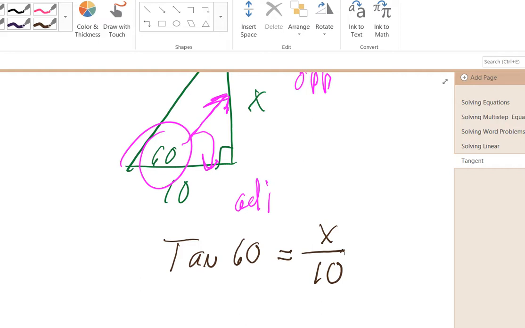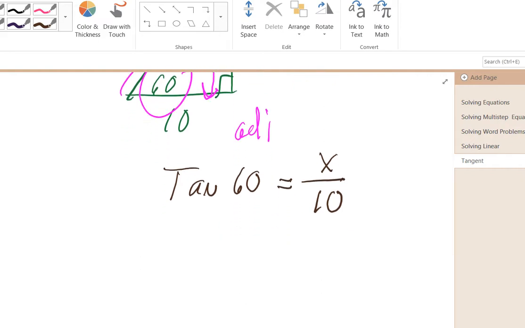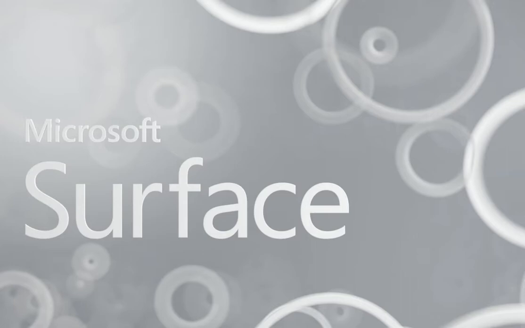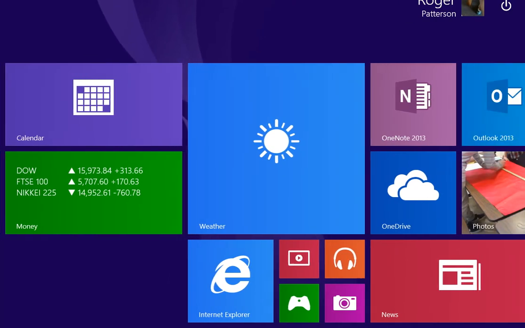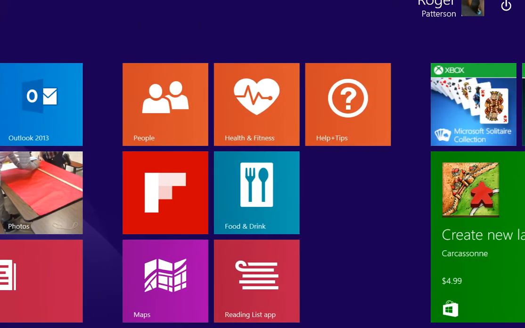All right. Did anybody find the tangent of 60? You just go tan 60 probably. Good. Square root of 3 is the correct answer.